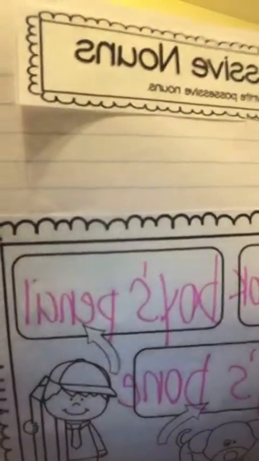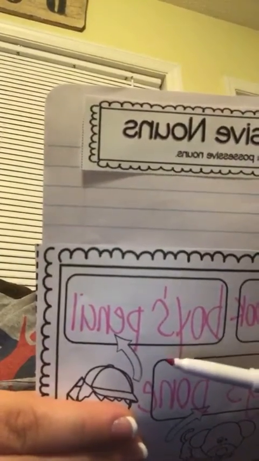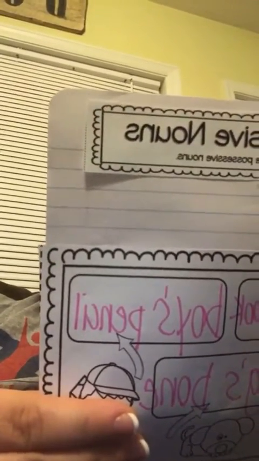Pause my video if you need to, but we wrote the words boy's pencil. The word boy's right here is a possessive noun because it ends with an apostrophe S. This boy owns that pencil. That's what possessive nouns do. They show ownership, okay?